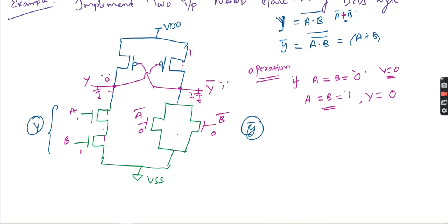So you always think about whatever equation they give. Say, for example, if I give Y is equal to A plus B, the whole bar, now what will you do? Then the Y side we have to give parallel, and the Y bar side will become a series connection actually.